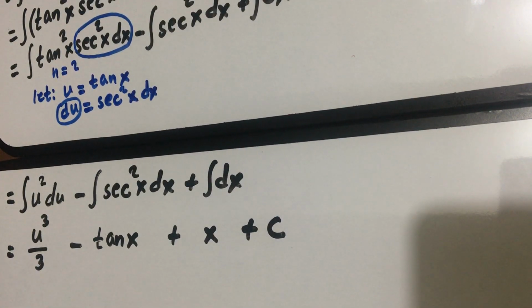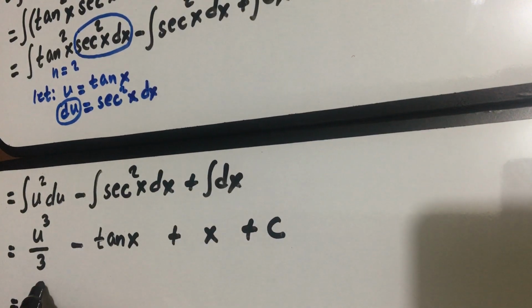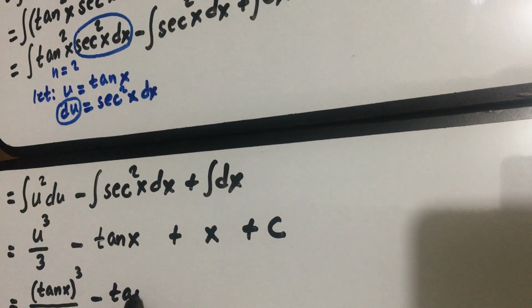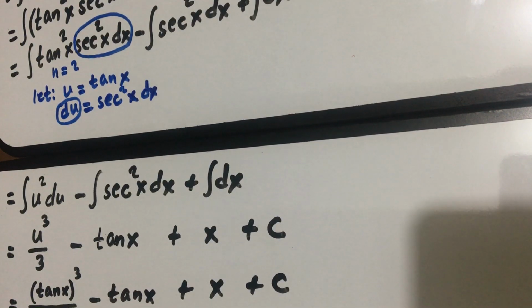Okay, so what is our u? Our u is equal to tangent x, right? So substituting, tangent x to the power 3 divided by 3 minus tangent x plus x plus c.